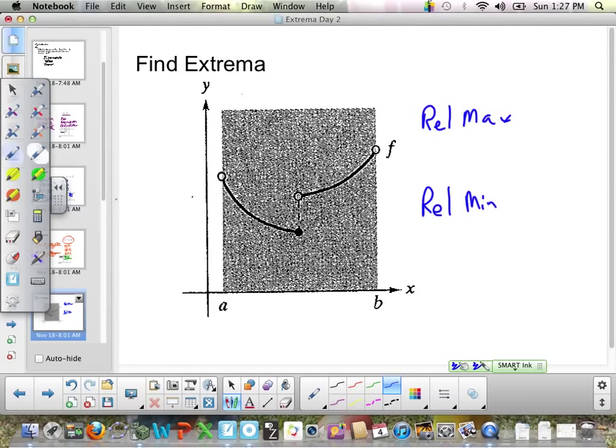A relative max is a point defined as being higher than everything else in the function. That would be right around here. However, this is an open interval. That is an open circle, so that is a boundary. We don't actually get to that point. So here we would say the relative max does not exist, right?